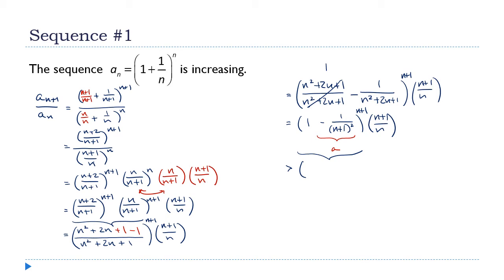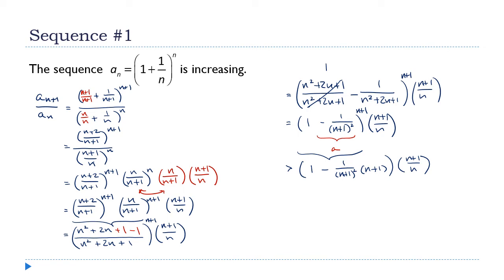1 plus, 1 over (n+1) squared times (n+1). This should still be a minus here. And we still have (n+1)/n on the outside. Now, look at what happens here.